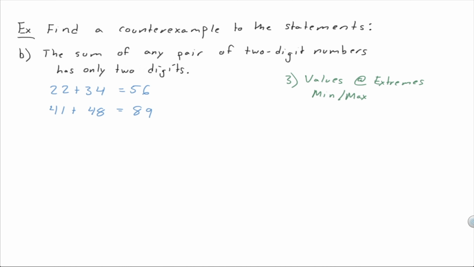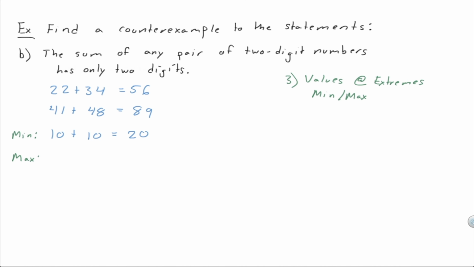In our particular circumstance, we can look at mins and maxes. The minimum 2-digit number would be 10. So if we added 10 and 10, well, that's just going to be 20. Okay, that doesn't quite get us there when we're working from the minimum option. But what about the maximum option?